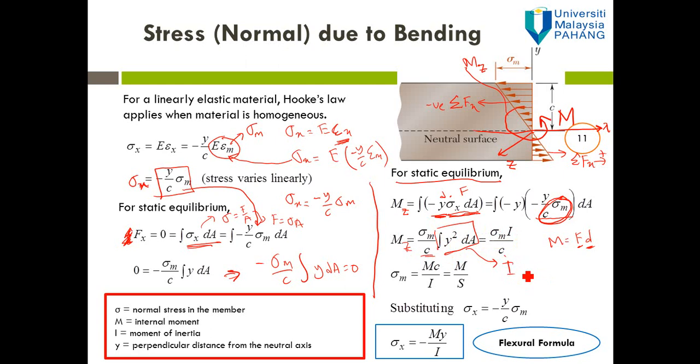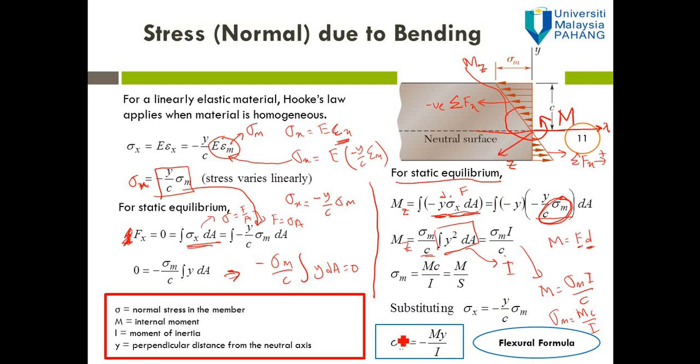So we know that M is equal to sigma m I over c, so sigma m is equal to Mc over I. Or we can write it in terms of y, the distance from the neutral axis.